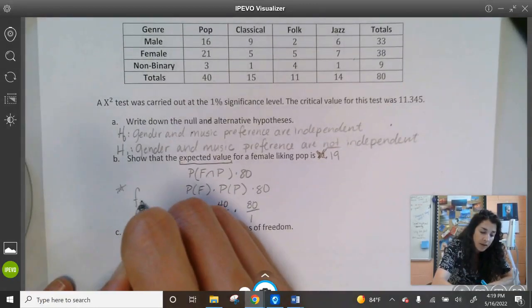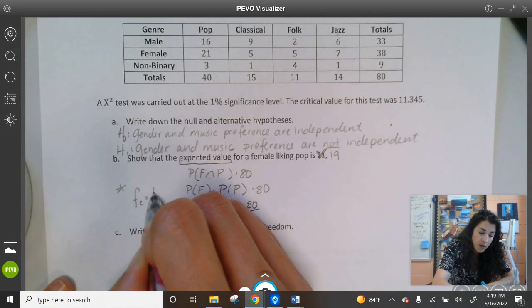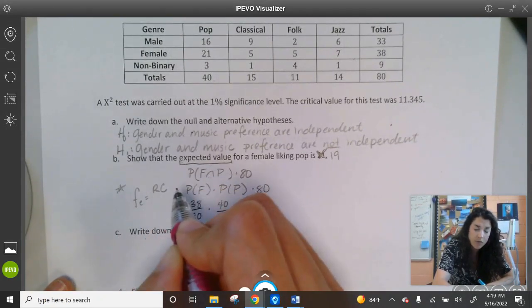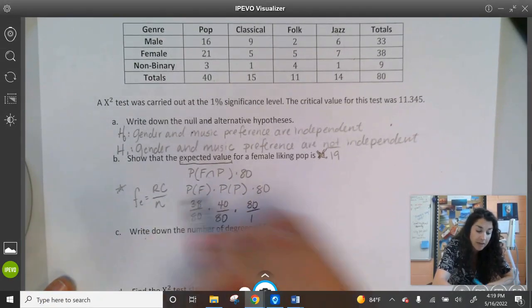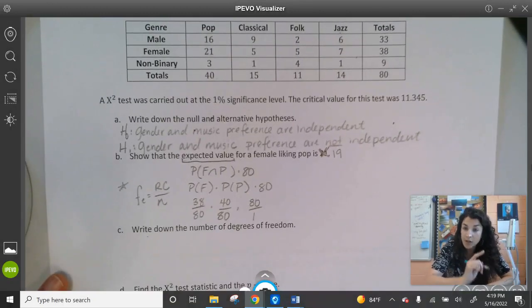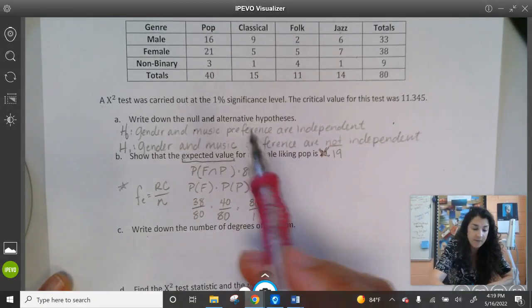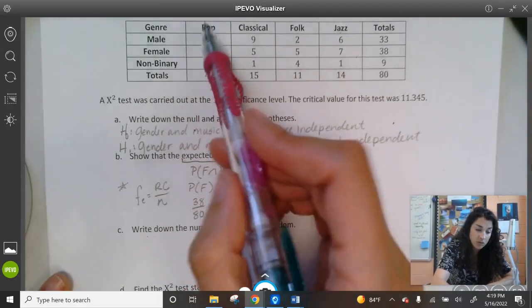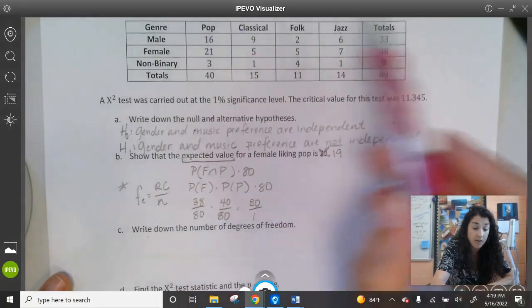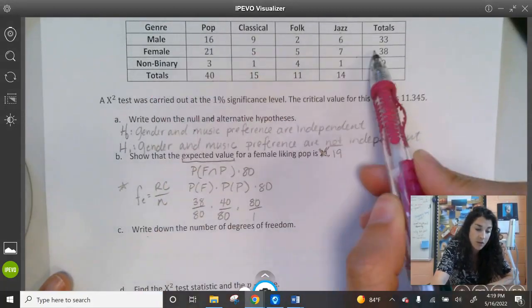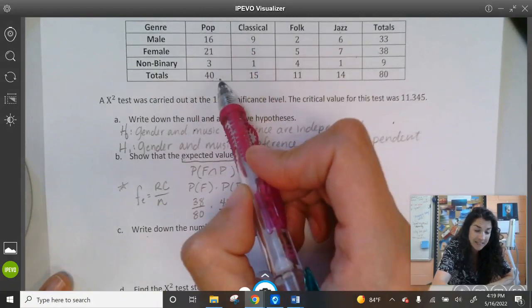Now, remember that our expected values are always row total times column total divided by total total. Total total is 80, right? Row total is 38. Column total is 40.